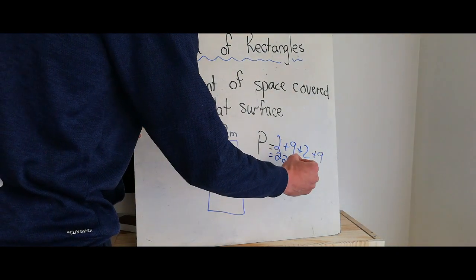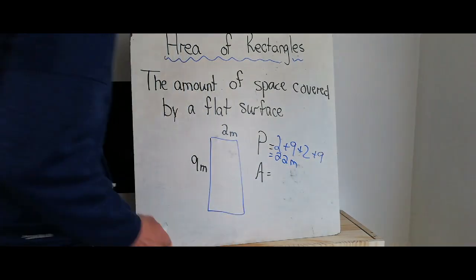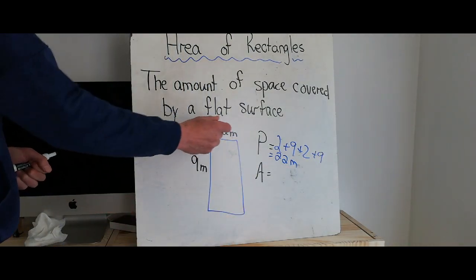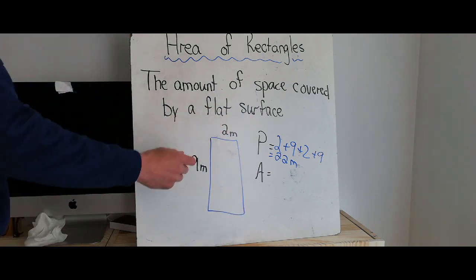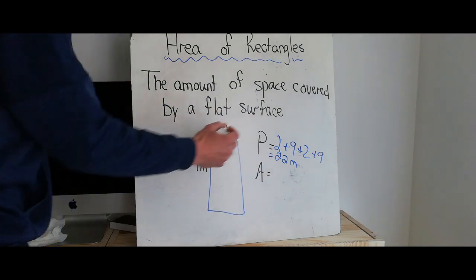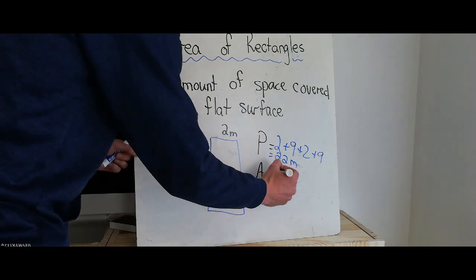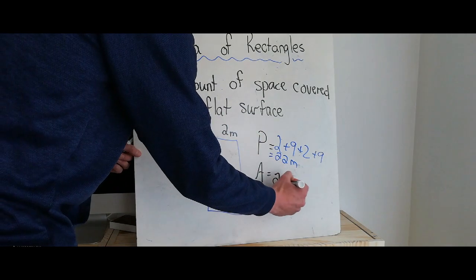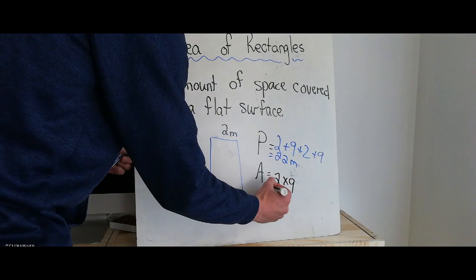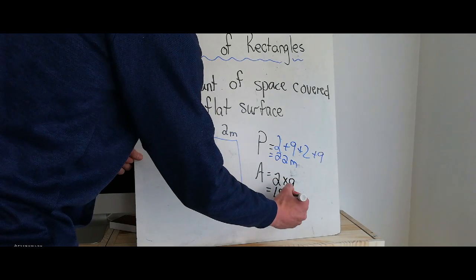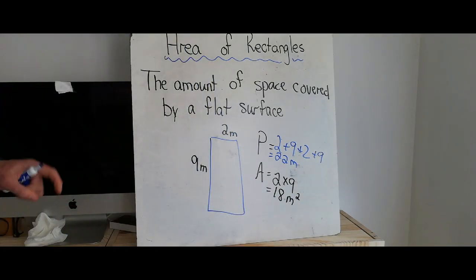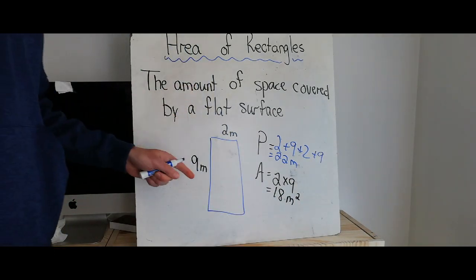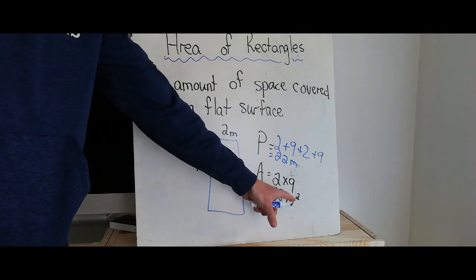And it's just meters because it's just one dimension, just going around, it's just the length all the way around something. Whereas for the area, the formula is length times width. So it would just be 2 times 9, which is 18, and it's meters squared. So it's important to remember the difference between perimeter and area, and that area is meters squared.